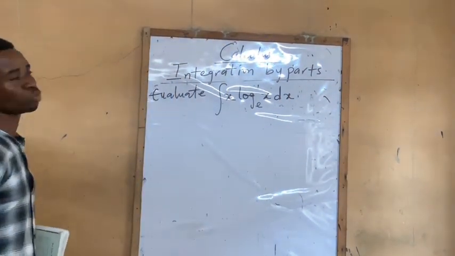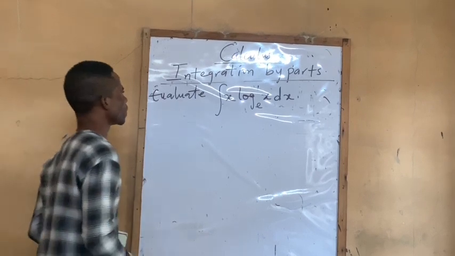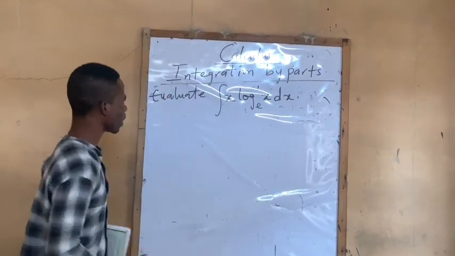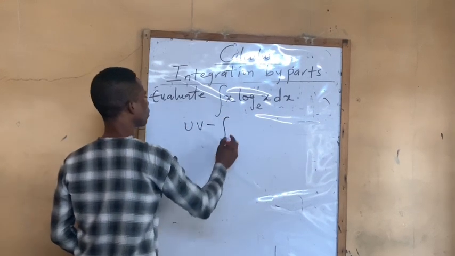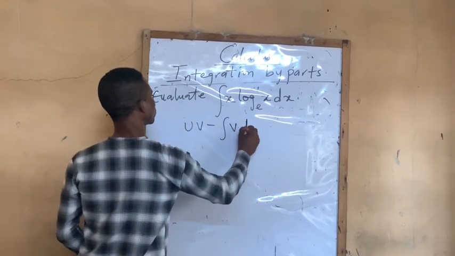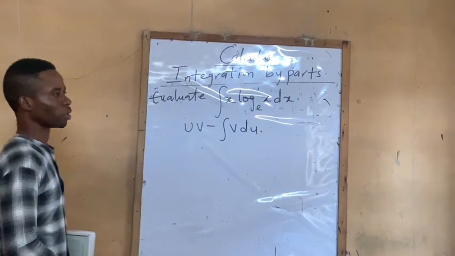You are given this to do. Now, do not forget our formula still remains: uv minus integral of v du is still our formula.